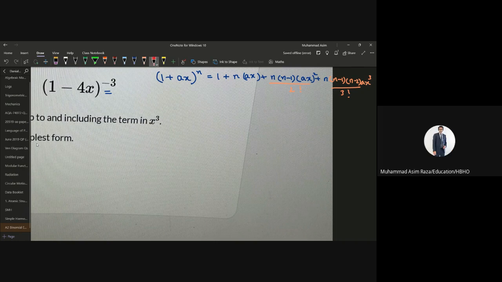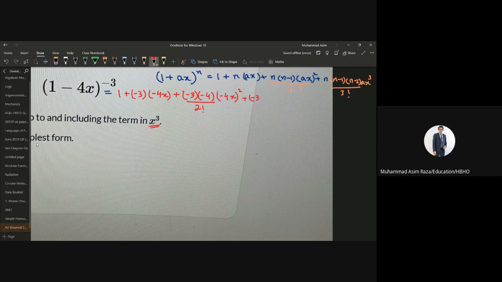So first of all, you write down 1 as it is, plus the power, which is minus 3, and ax, which is negative 4x. Then again plus, don't write down negative over here. And now n is minus 3 and n minus 1 is minus 4. And then we have negative 4x raised to the power of 2 divided by 2 factorial, and because we have to expand it till x cubed, one more term needs to be written there.